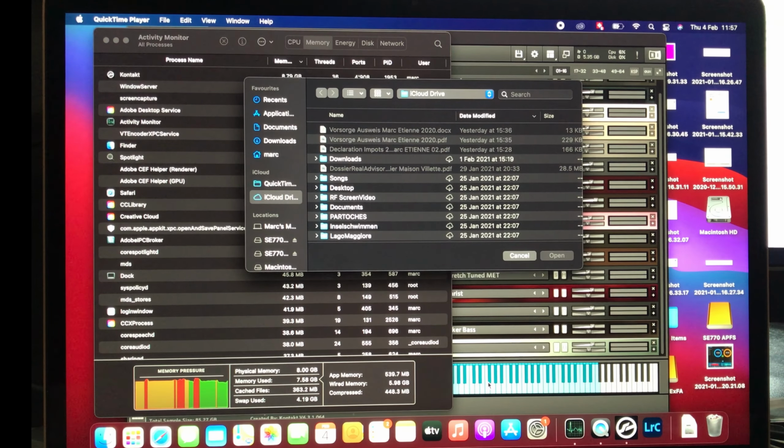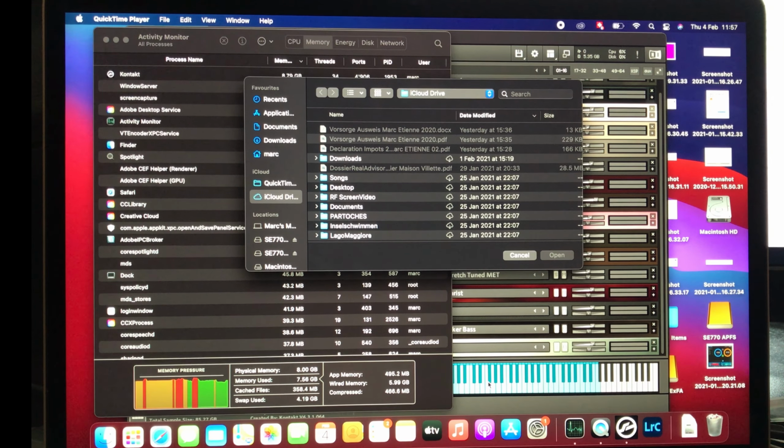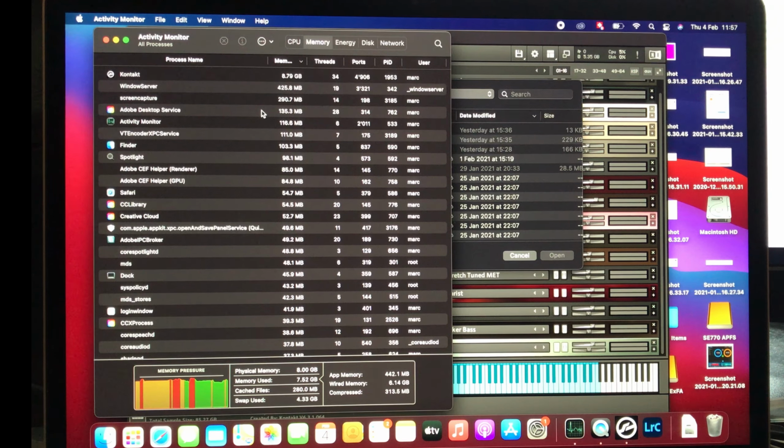Okay, so now let's have a look. If we look at the monitor, we see that Kontakt uses 8.79, so 8.8 gigabyte of RAM, and other than that, we have almost no memory usage.